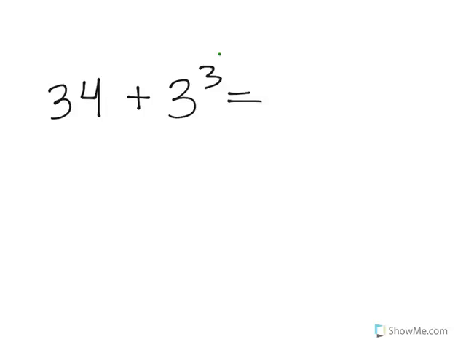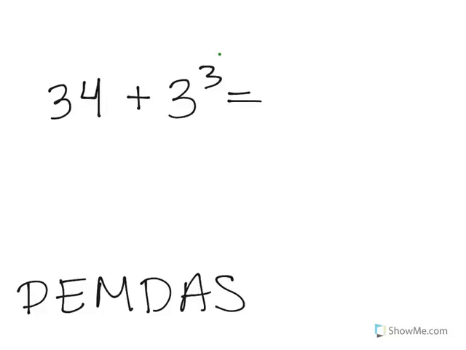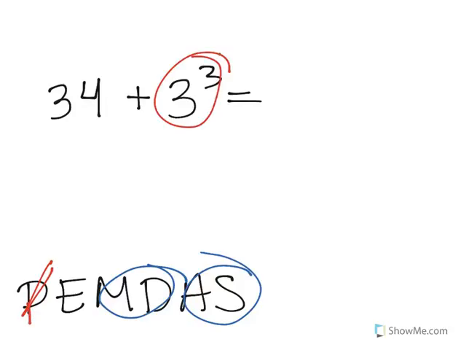So as you might recall, we have PEMDAS. We did the parentheses, so that one is done. Now exponents, we do have exponents right here. From a previous video, you can see that 3 to the third is equal to 27.